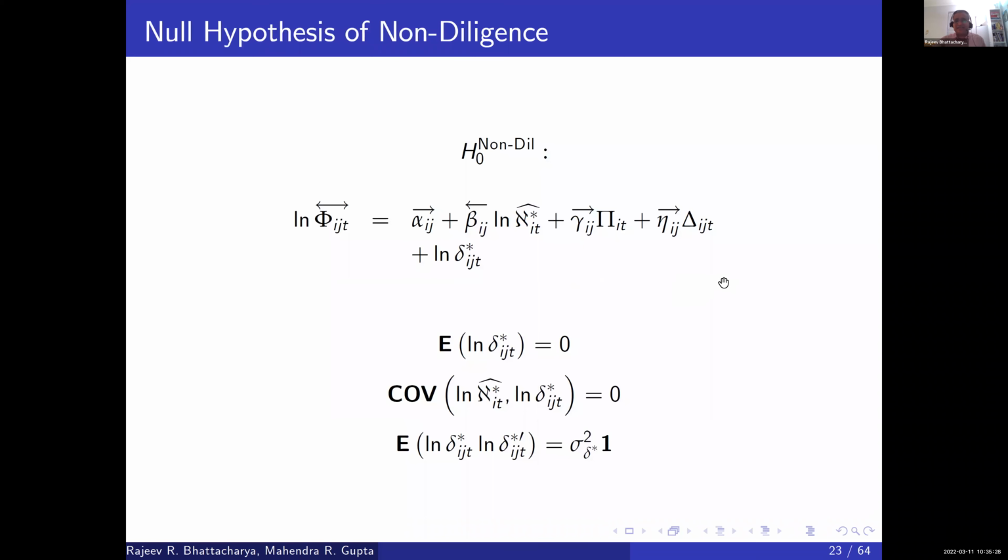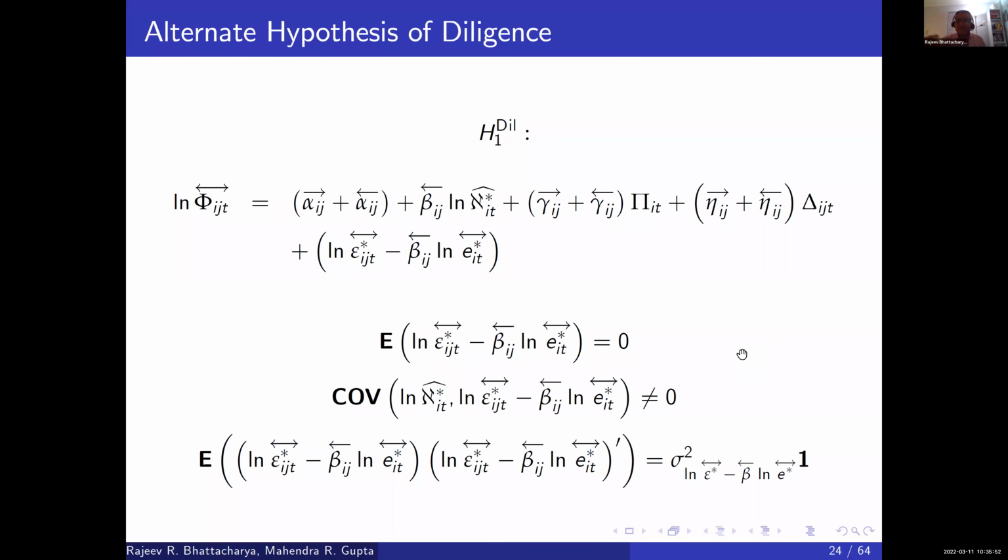The null hypothesis says that the log of forecast is a function of alpha ij plus beta ij plus that log of alpha IJT star, where the covariance of this log Aleph IT star and the residual term is 0.